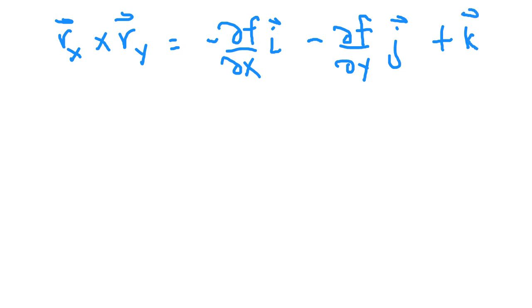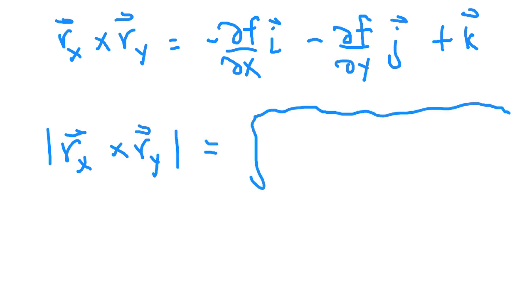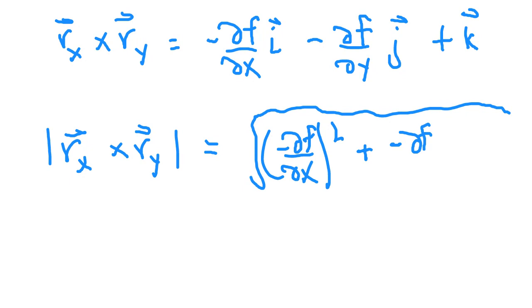If we put the length, we know how to take the length of a vector. This component is 1 on the k. We get this.